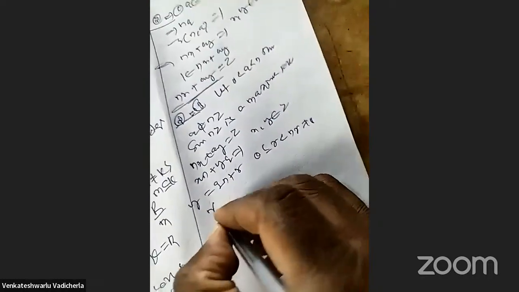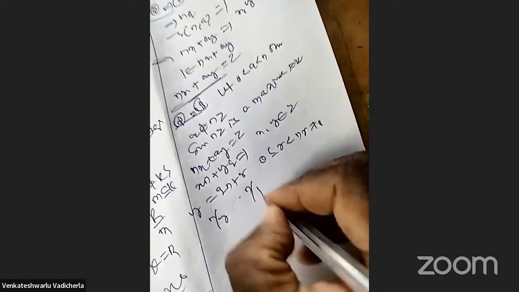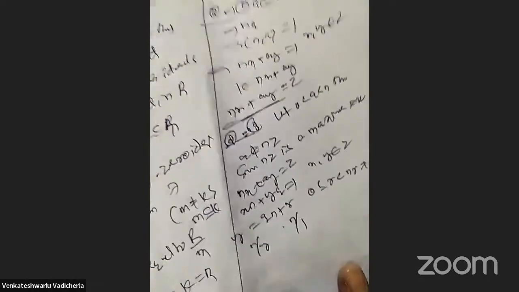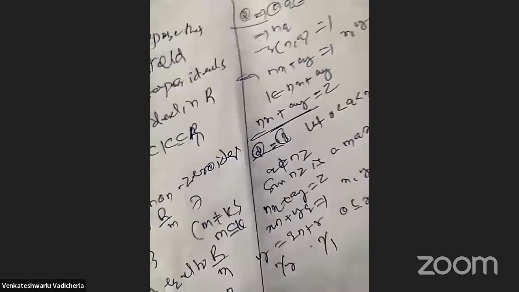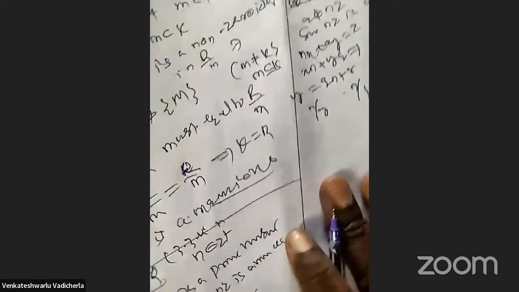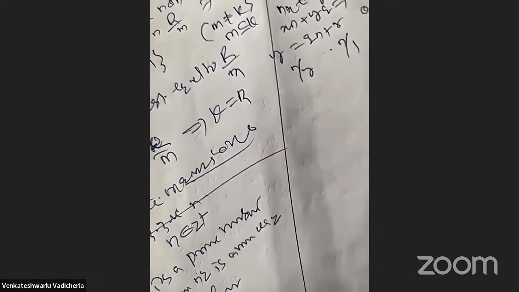Then r is not equal to 0, otherwise n divides y, and hence n divides 1, which is a contradiction.